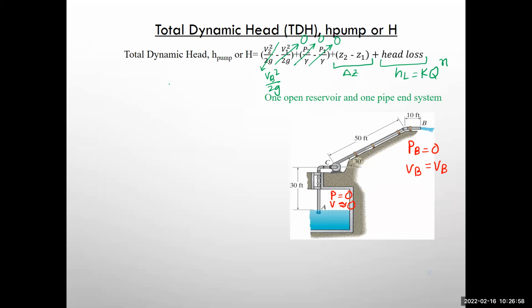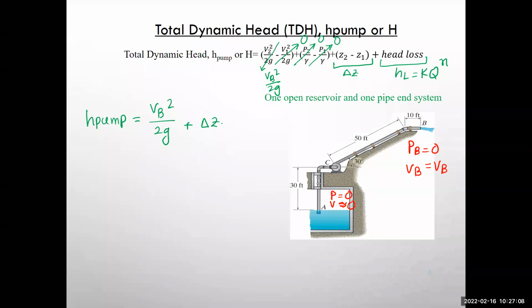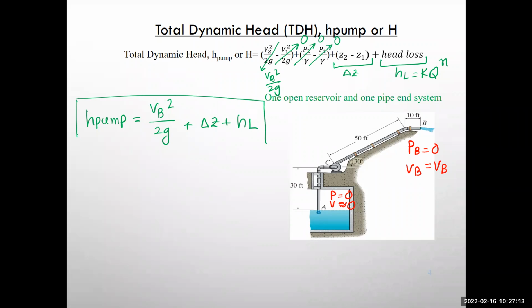So your final expression for pump head will be VB squared over 2g plus delta Z plus HL. You can use HL equals K Q to the power N, or you can directly use f L over D times V squared over 2g. What I'm trying to say is it doesn't matter, as long as you can calculate head loss in any way. Okay?